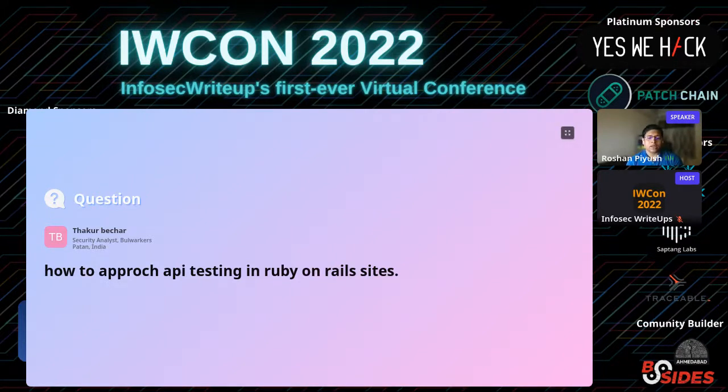Ruby on Rails is no different, but there is one interesting attack vector that I've heard of in Ruby on Rails, where you're able to insert entire objects into the processing because of differences. I have never tried it myself. It was one of my colleagues who made me aware of it. But that is an interesting point on Ruby on Rails API attacks.